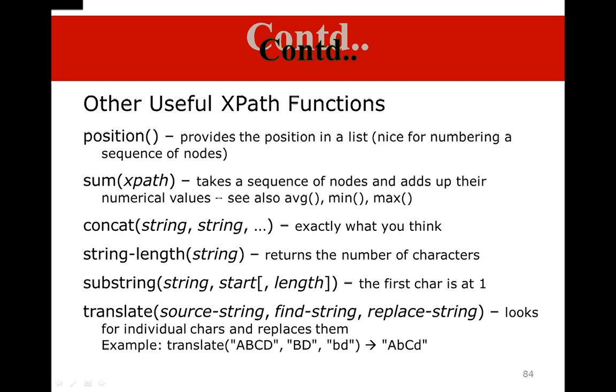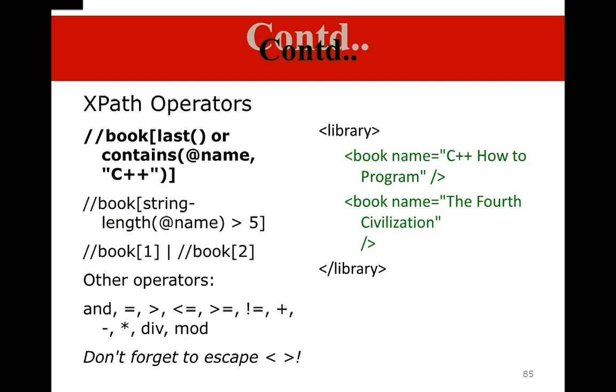And of course we also have average, min, max. concat concatenates two strings, or merges two strings. string-length returns the number of characters in the given string. substring is talking about some part of the given string, and translate is going to replace the given character with the specific target.